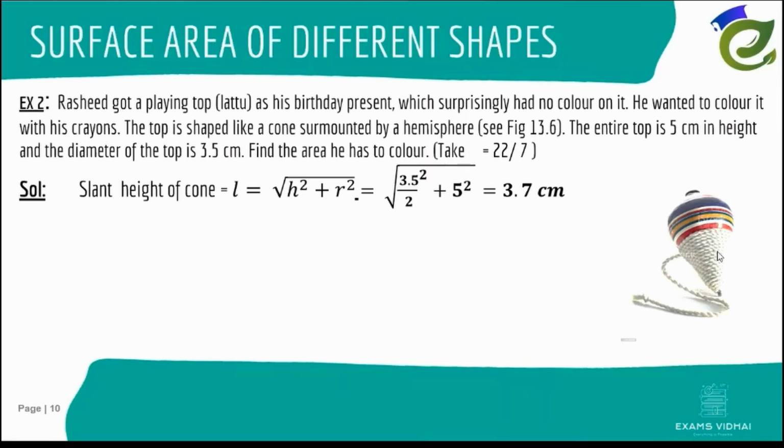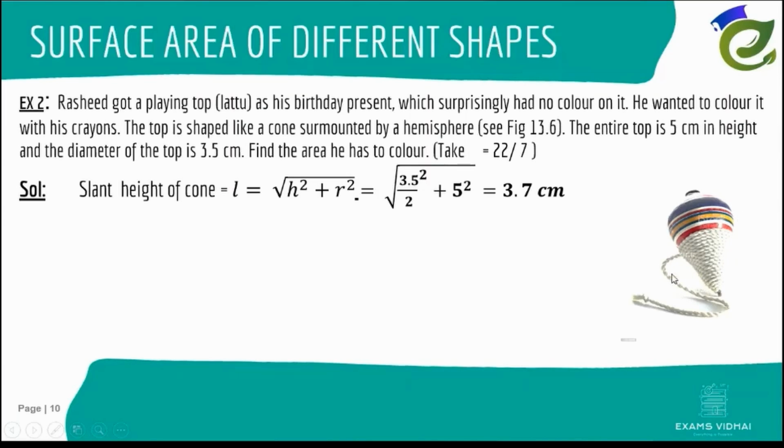Now first we have to identify what different shapes the Latu is made of. It makes it easier to calculate the total surface area of the Latu. Here the Latu is made of two shapes, a hemisphere and a cone.